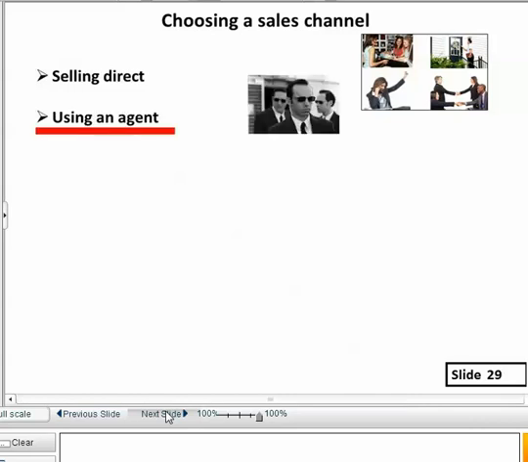Another option is using an agent. Okay, now we were mentioning sales representatives earlier. If the sales representative is an employee of yours and only representing your company, that's one way. But the other way is to use these representatives or agents that represent several different lines. Well, now you don't have quite as much direction over them. They're independent.